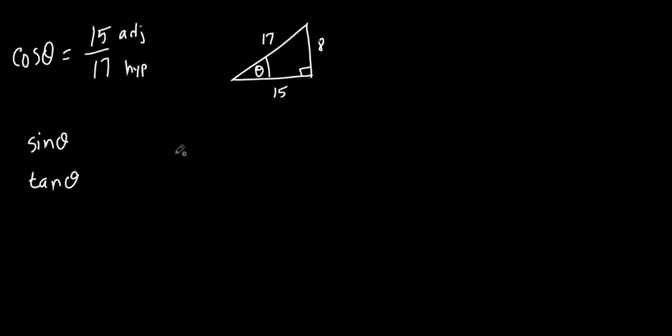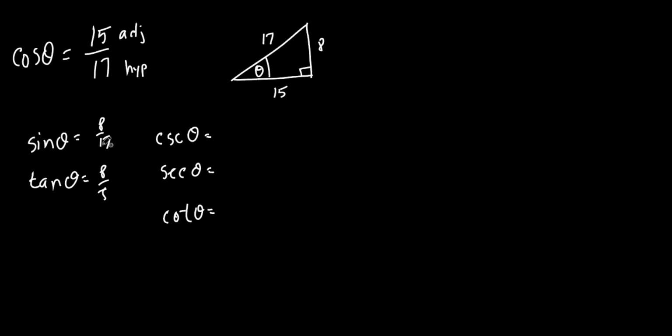And then you had to find the cosecant, the secant, and the cotangent. That should be pretty easy. It's like the 3rd time today we've done this. The sine is opposite over hypotenuse, 8 over 17. The tangent is opposite over adjacent, 8 over 15. The cosecant is the inverse of the sine.